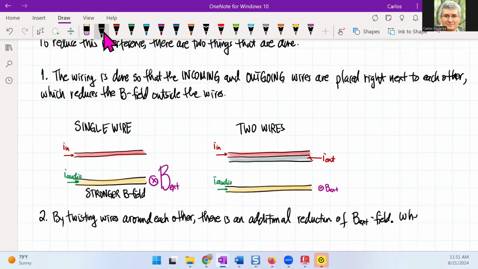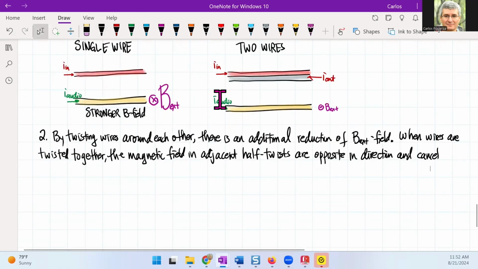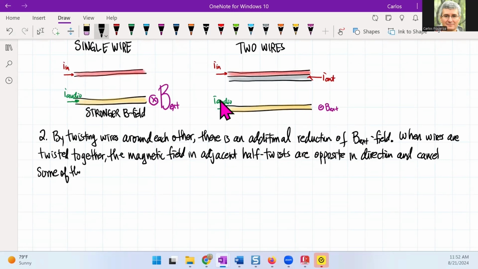So when wires are twisted together, the magnetic fields in adjacent half twists are opposite in direction and cancel some of the field.